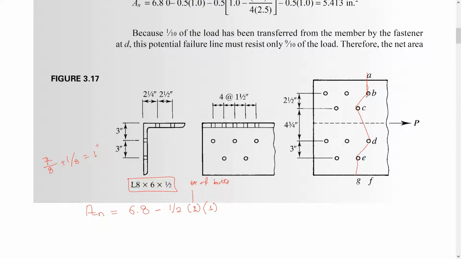And then we have inclined here. So minus 1/2, 1 diameter, or let's say 1 bolt, times here inclined. So this is going to be 1, which is the original diameter, minus s square, and s here, if you see, it's 1.5, sorry, dividing by 4g, and g here is 2.5.